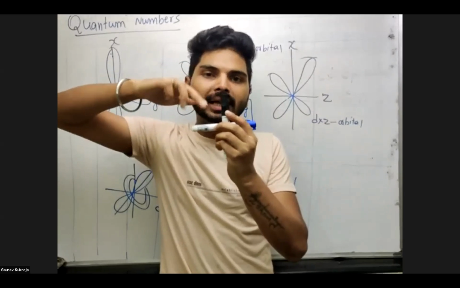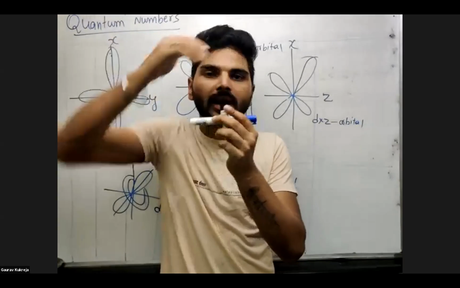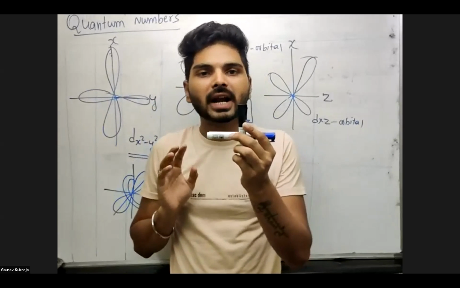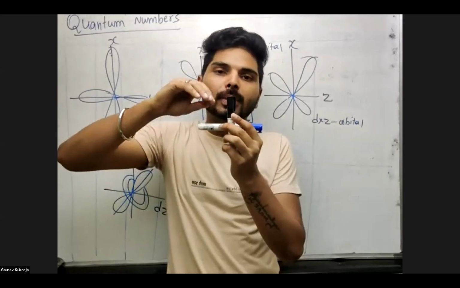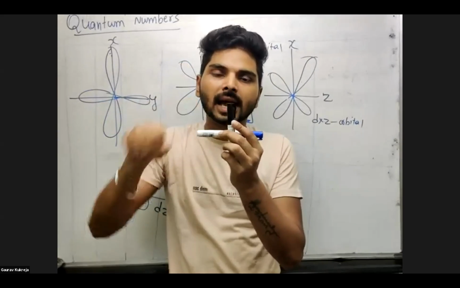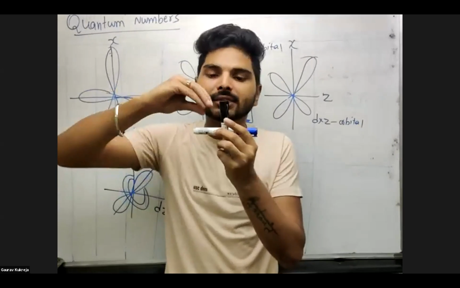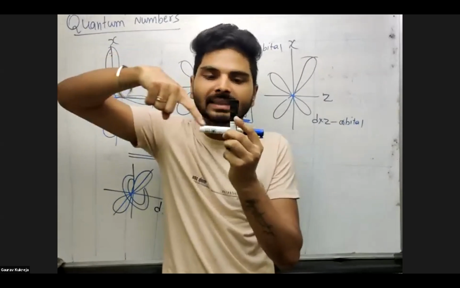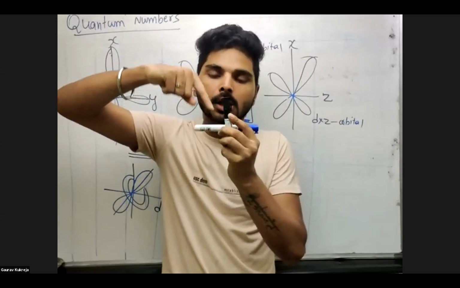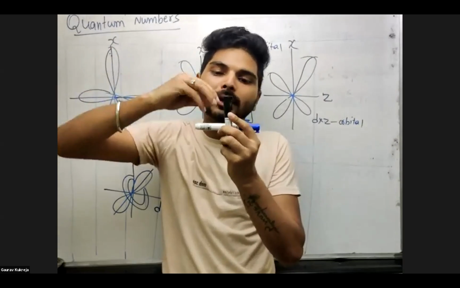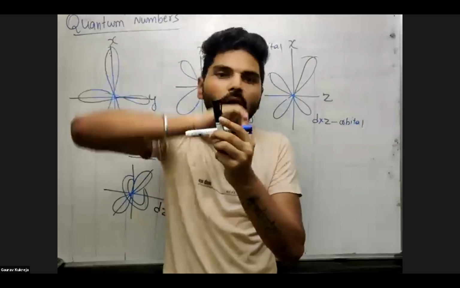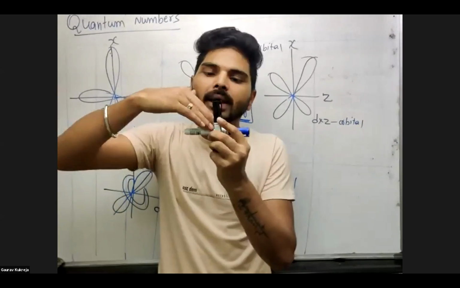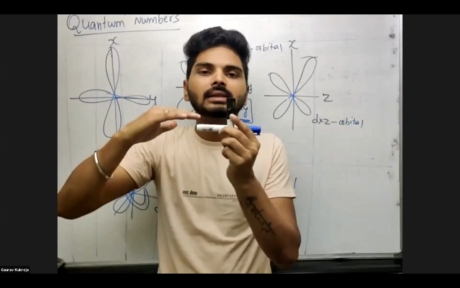So this is one empty quadrant, this is one empty quadrant, this is one empty quadrant, and this one. What you have to understand here is that electrons will be revolving around the nucleus, making sure that their presence will be maximum at 45 degrees away from the axis. But remember, they are occupying not only this quadrant, they are occupying all 4 quadrants, and their maximum presence will be at 45 degrees from the axis.